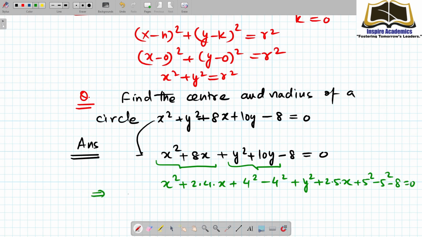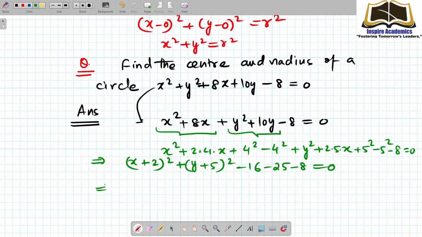So what we get? x plus 4 whole square plus y plus 5 whole square, and then we get negative 16, negative 25, negative 8 equal to 0. So we get x plus 4 whole square plus y plus 5 whole square equal to 49.